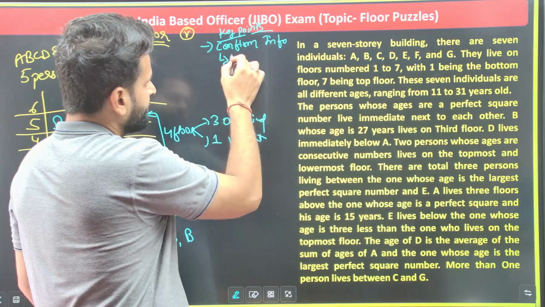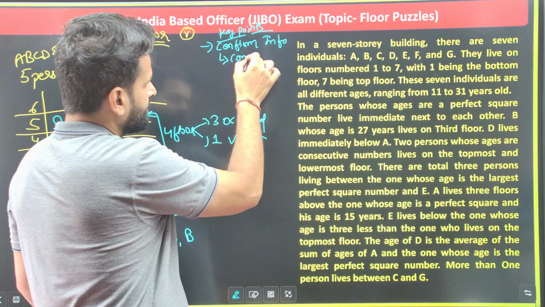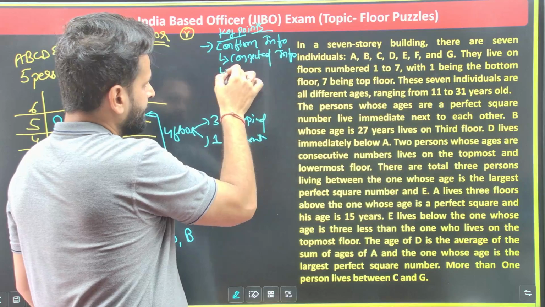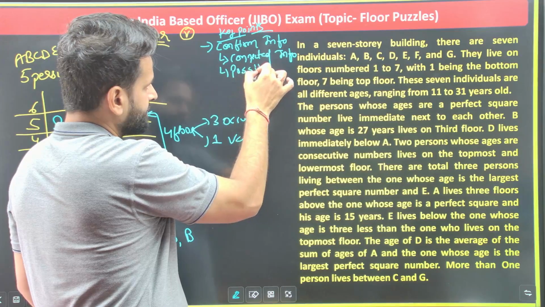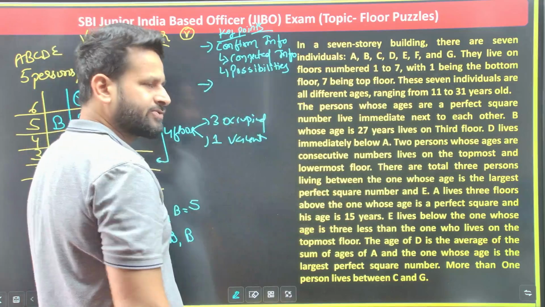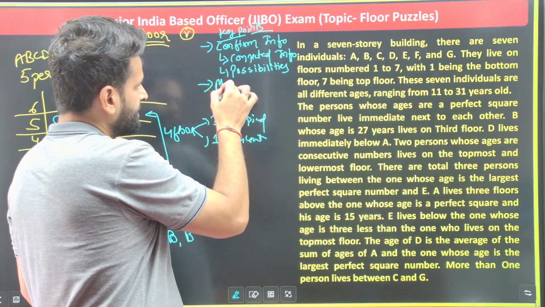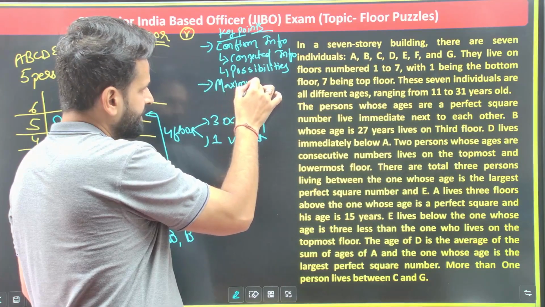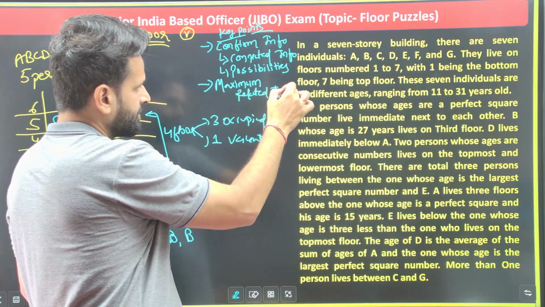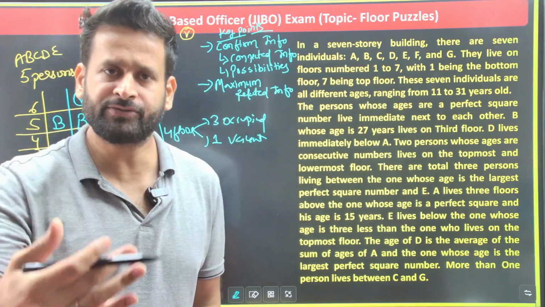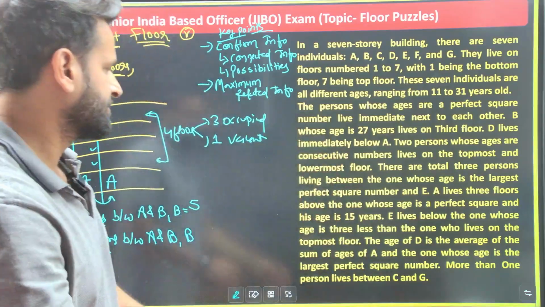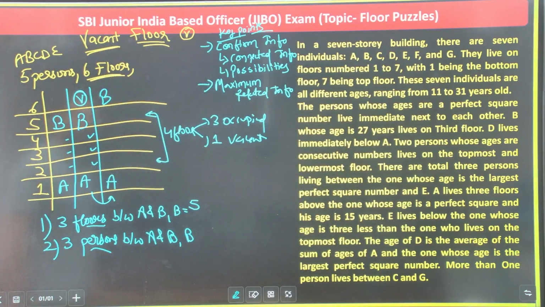Related to this confirm information, write connected or related information, then make all the possibilities. And if there is no confirm information, then match and mix maximum related information. A related to B, B related to C, C related to D. Use all these together, place in the question solution, right?